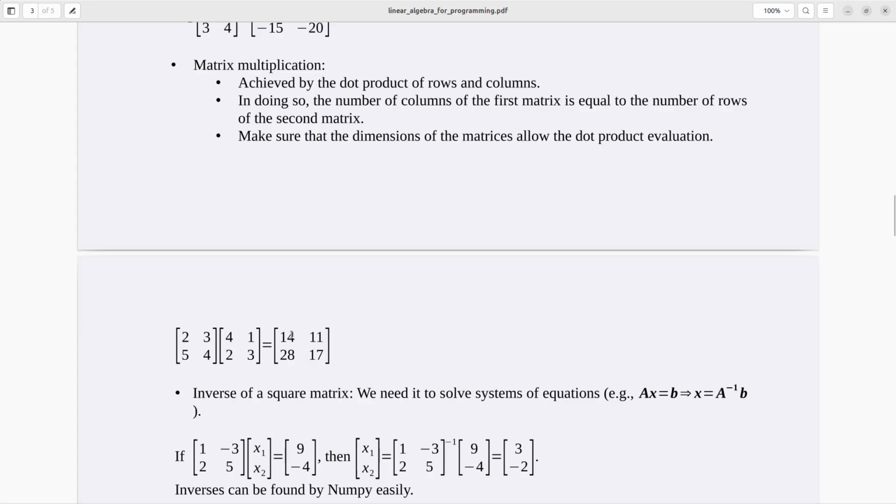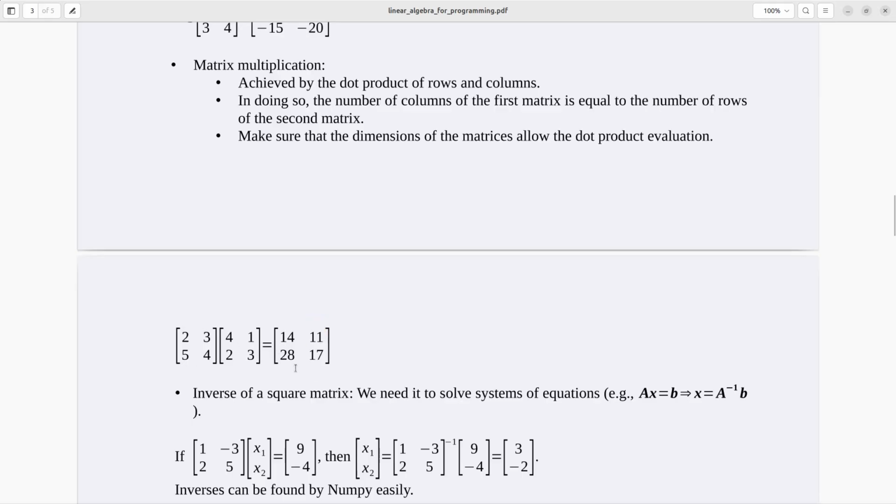So A11 of my final answer would be evaluated from taking the dot product of the first row and the first column. Okay, and for the A12 here, it means the dot product of the first row and the second column. Okay, 2 times 1 plus 3 times 3 equals 11.